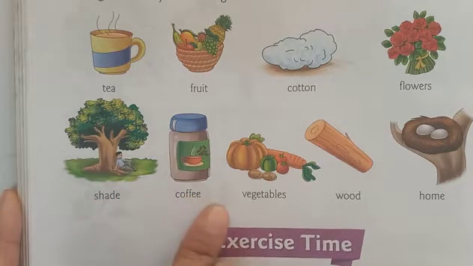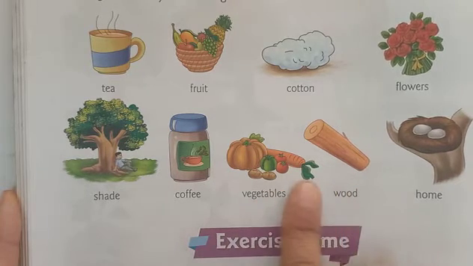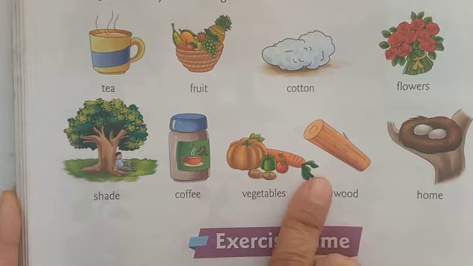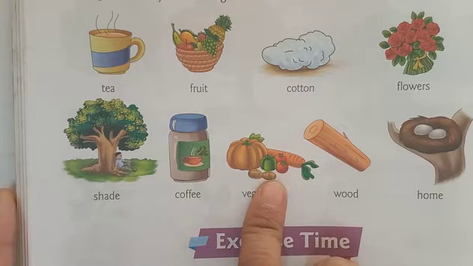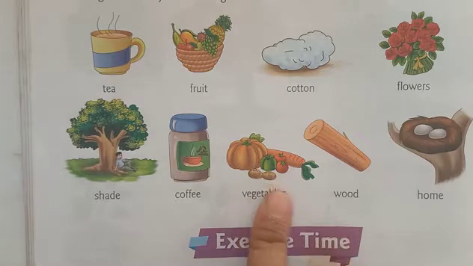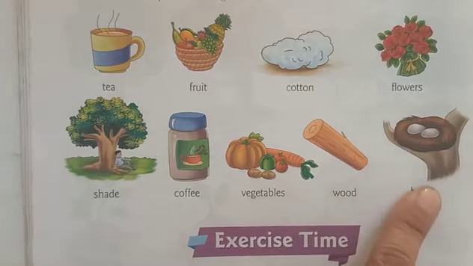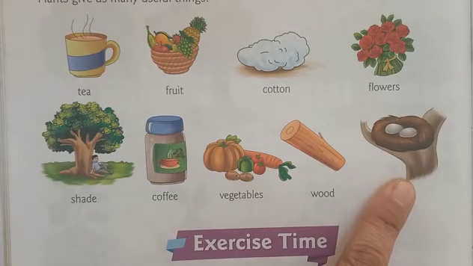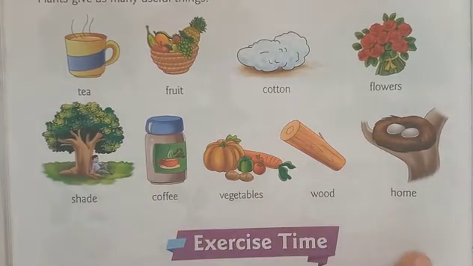Coffee is a drink. Vegetables are cooked by human beings, or they are sometimes eaten raw also, like carrots and radish. There are many vegetables that are eaten raw and some are cooked. Then wood is used to make furniture. Okay, then they are the home of small animals and birds. Okay, so these are the uses of plants and trees.